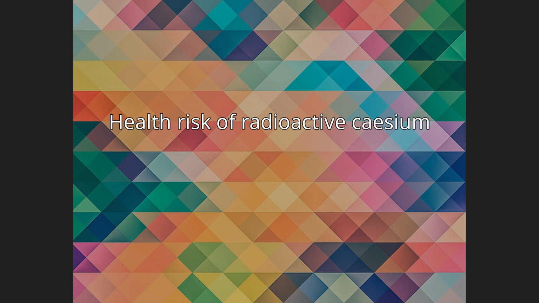Accidental ingestion of caesium-137 can be treated with Prussian blue, which binds to it chemically and reduces the biological half-life to 30 days.